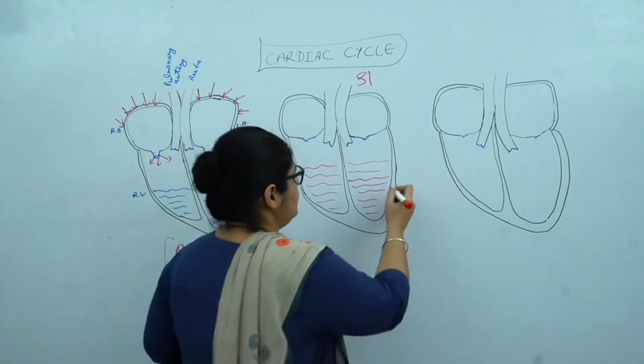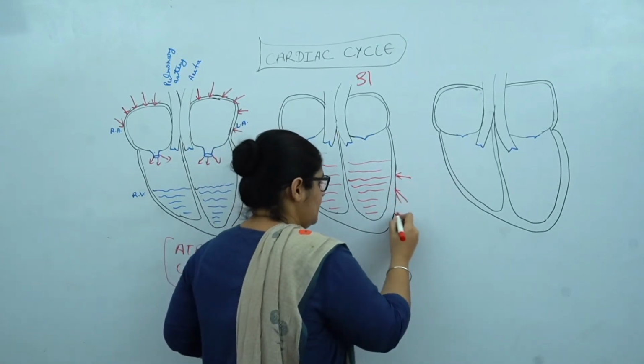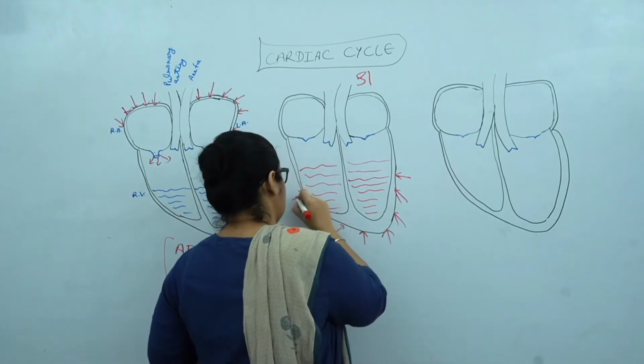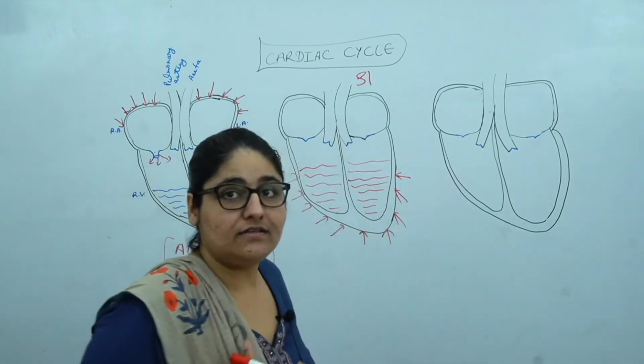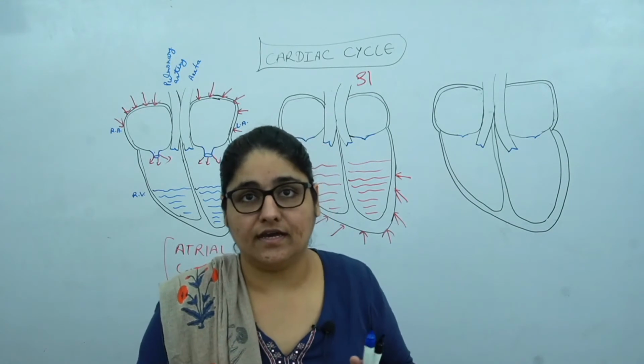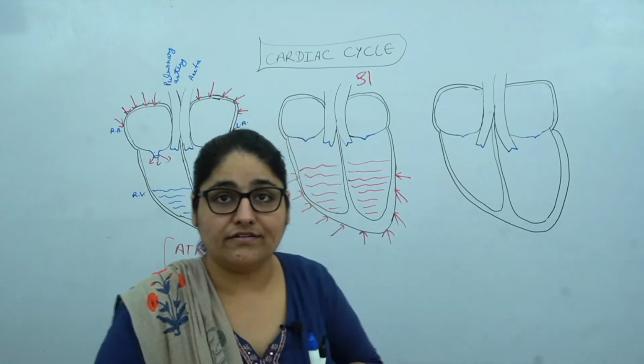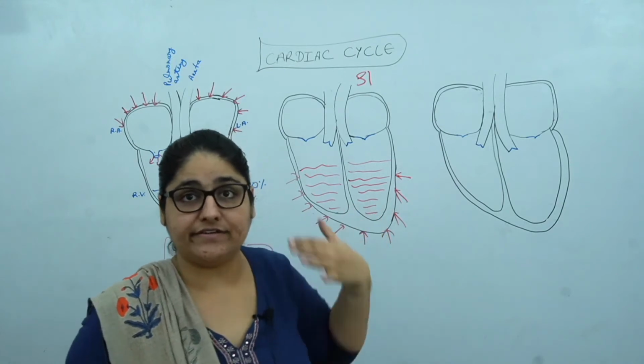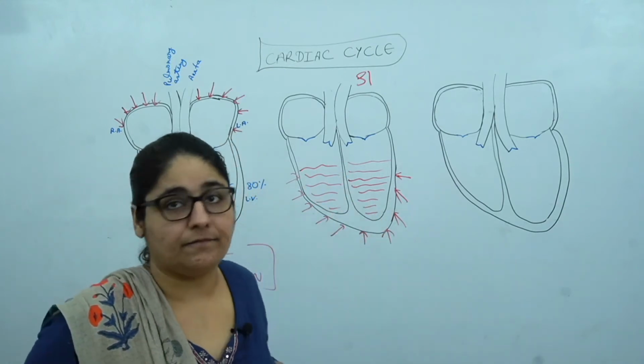So, here the ventricles start contracting. Atria will now relax and the ventricles will start contracting. When the ventricles contract, the pressure in the ventricles will be rising.